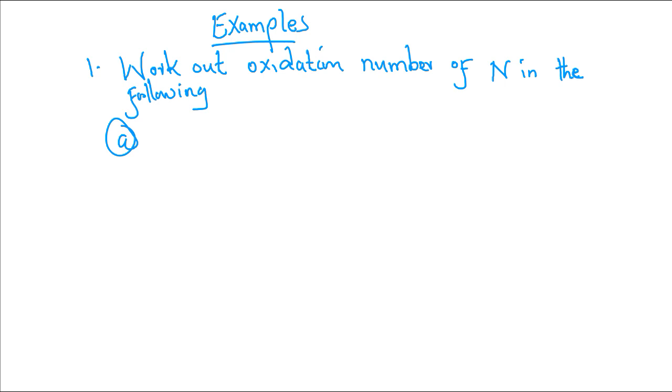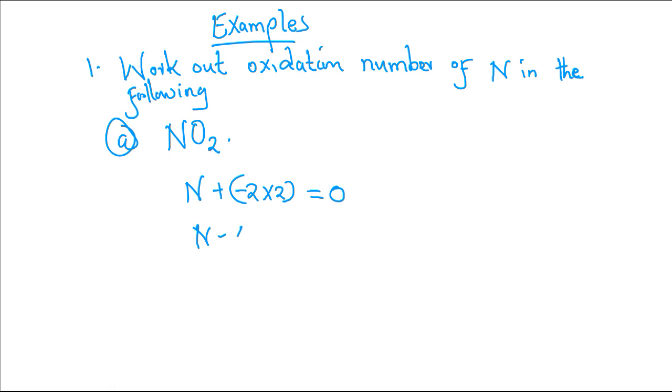A, NO2. So that is N plus -2 times 2, and that is a compound, equal to 0. That will give N - 4 equals 0, and the oxidation number of nitrogen there is +4.